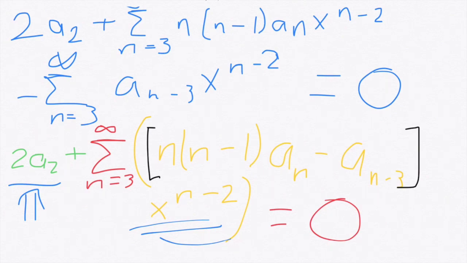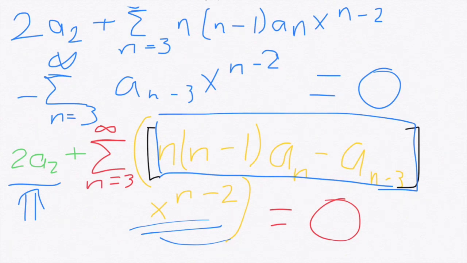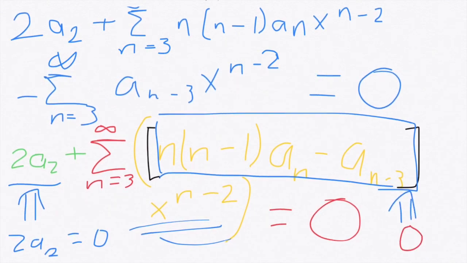Next thing we need is for this to be 0, as this is the coefficient of x. And if x is anything, we'll need this term over here in the blue box to be 0, so that when we multiply that by any number, it will still be 0. So we know two things, that 2a of 2 should equal 0, and that this box should also equal 0. And using this, we can solve for the coefficients.